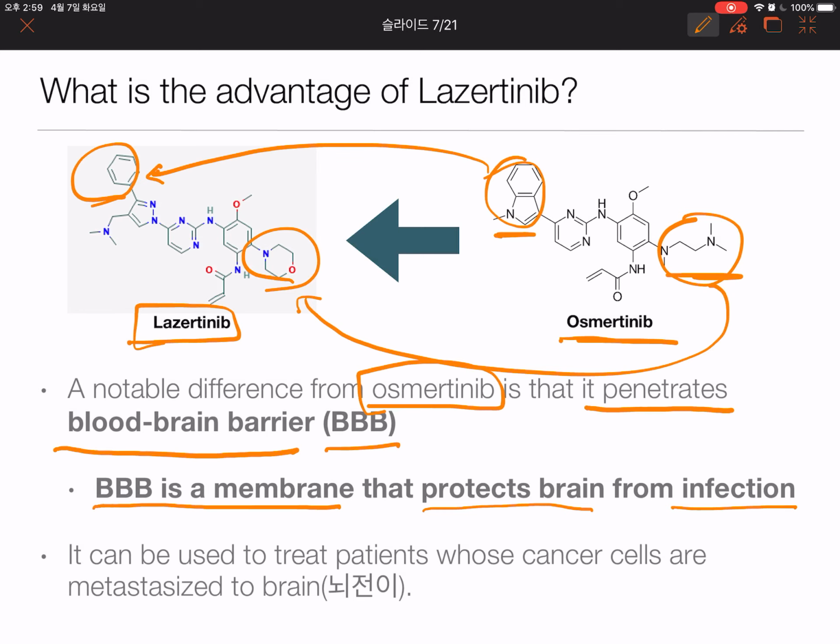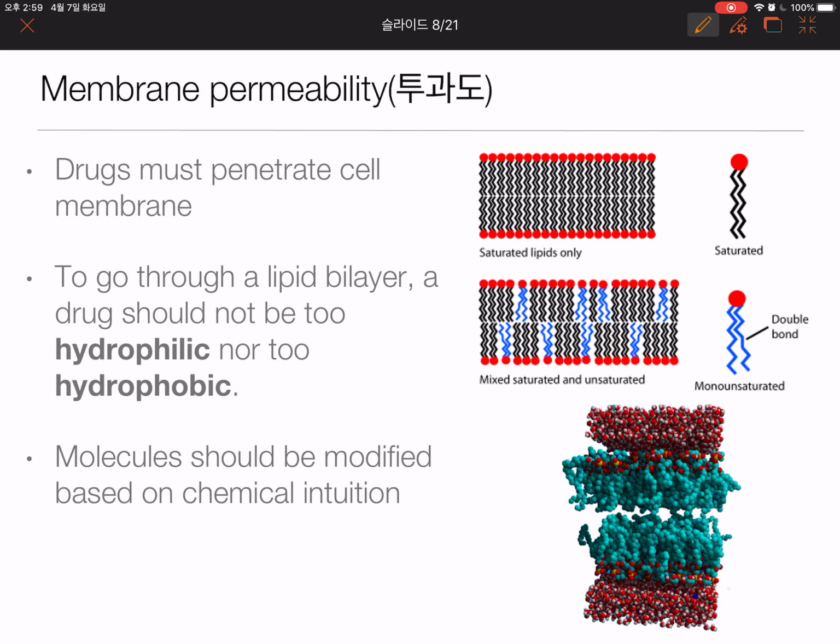Okay. So this is what drug companies usually do. They start from some known drug, and they make some changes in some functional groups, and they make it better, so that they have desirable properties.